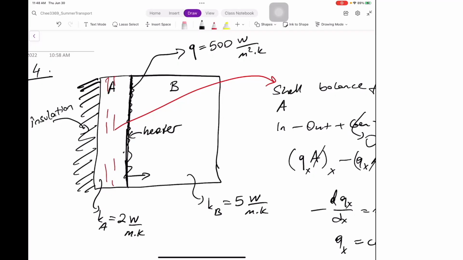The problem doesn't give you the thickness of the insulation, doesn't tell you what's happening on the other side of the insulation, and doesn't even give the conductivity of the insulating material. That means only one thing: we don't care about what's happening. It's just insulated, so let's take it as perfect insulation.